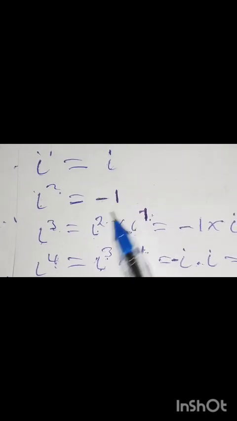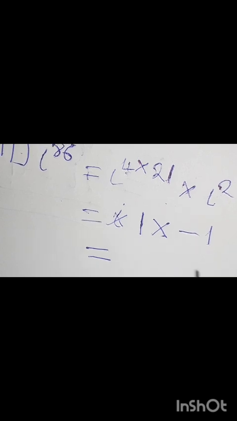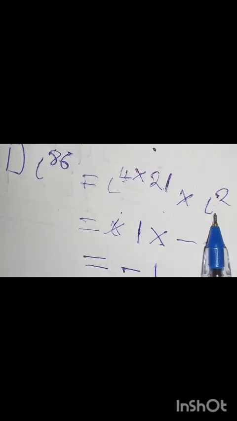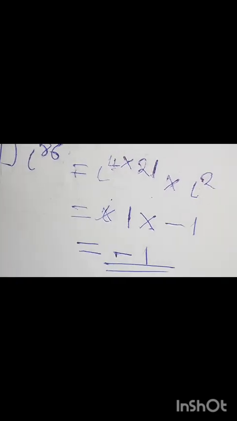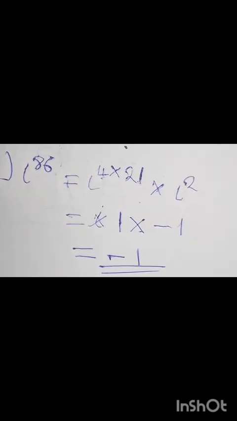So you have -1 for this answer. So what's 1 times -1? The answer is -1, because you have i squared here. You are done. Have you understood now, or still not getting the concept?